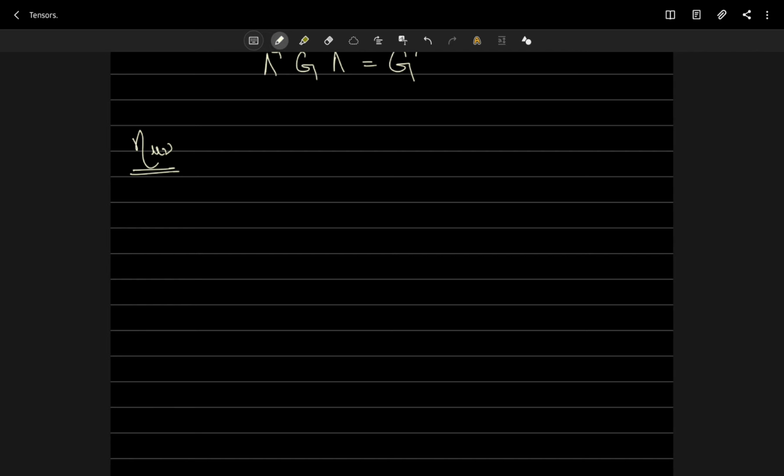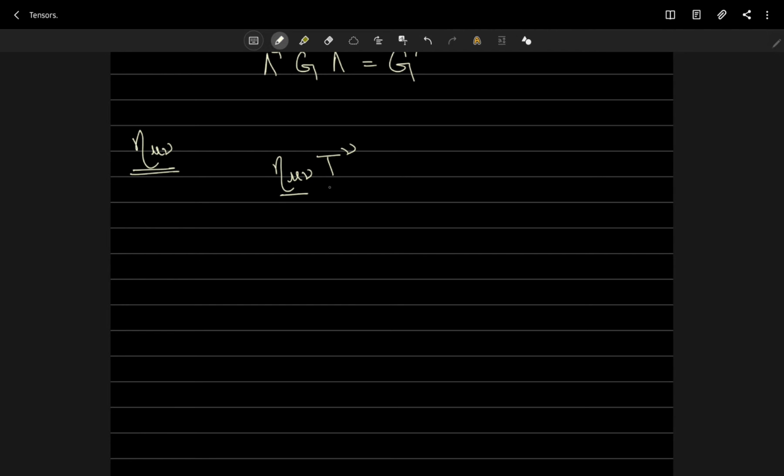Now this upper index is in the tangent space and the lower index is in the cotangent space. So let me write this down and try to explain this to you properly. So you have eta mu nu t nu.